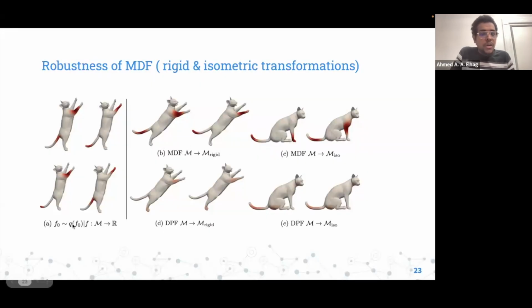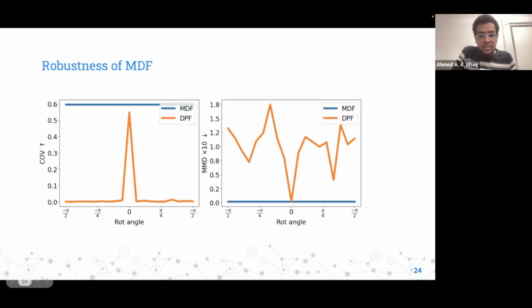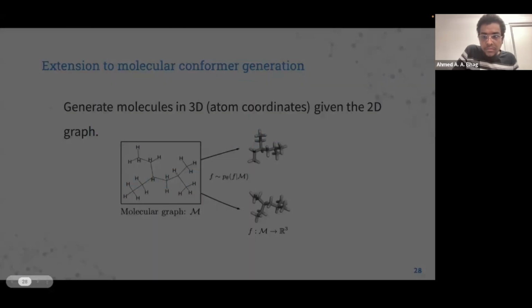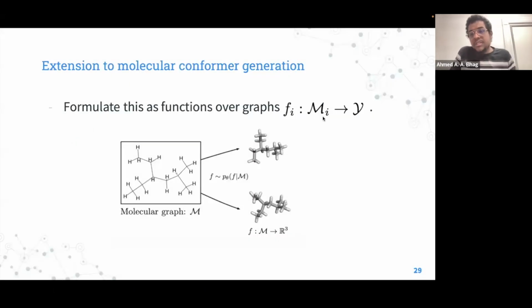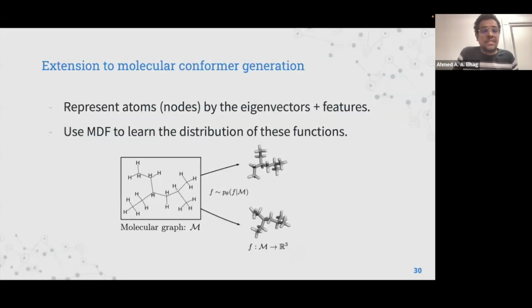during training, M is a fixed manifold, a cat or a Stanford bunny or a wave geometry. So you have a fixed manifold. But here you have different graphs, and every graph can have different signals. So this is the setting here.